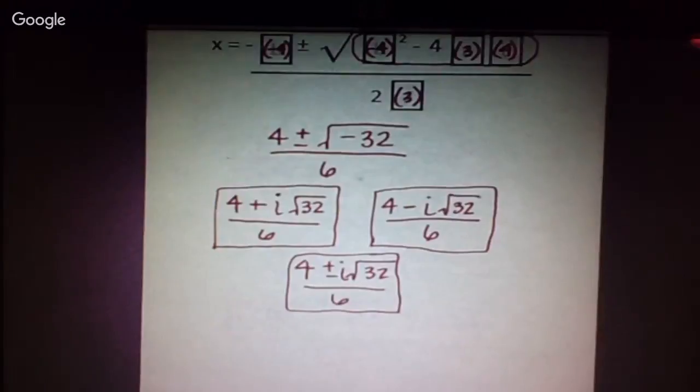I'm not sure what they're going to give you on your test, so I want you to be used to both. So that's the only thing you can do when your discriminant's a negative. So we leave the answers as those 2, and then if it's a multiple choice question, we just choose the one that fits them.